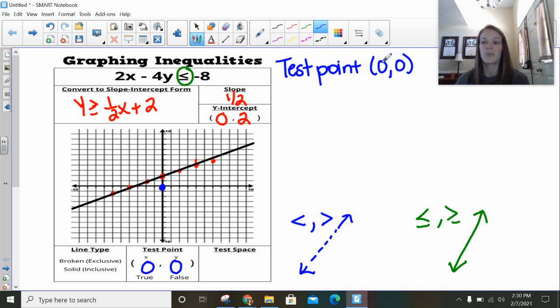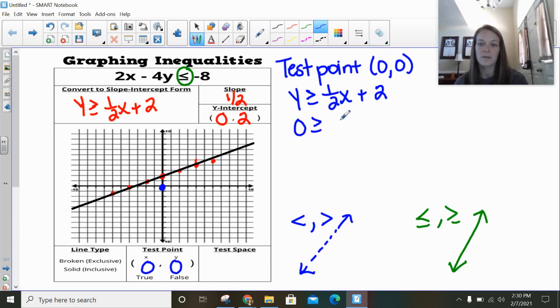So I'm going to plug 0, 0 into my equation. You can go back to the original, or you can use your slope-intercept form. It doesn't matter. I'm just going to stick with the slope-intercept form. So I'm plugging in 0 here, and 0 here.